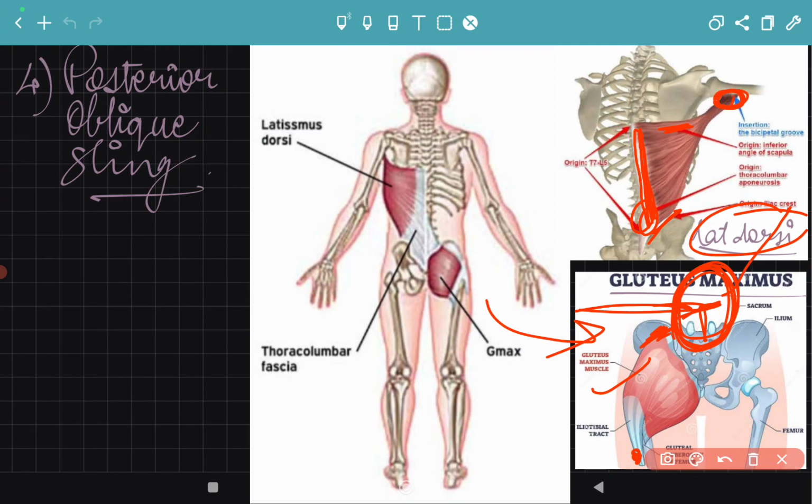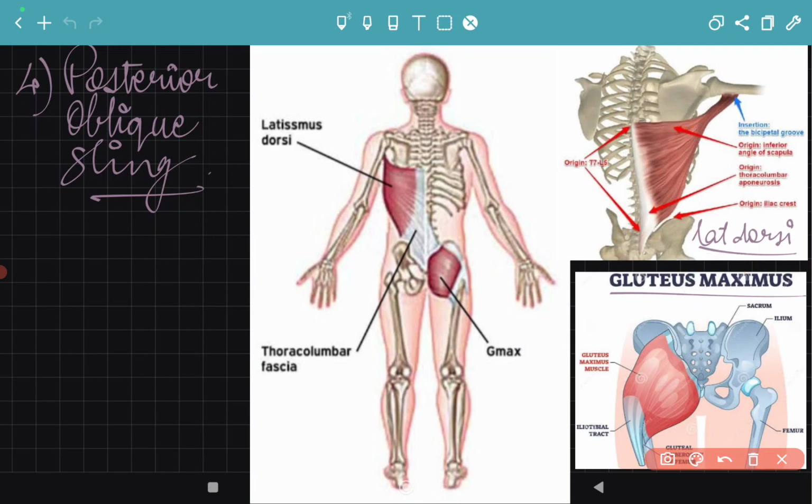So this way, from the opposite side G max or gluteus maximus, if we consider this side, then the contralateral to it, we will have to consider the latissimus dorsi. So this way, posterior oblique sling travels. And the gluteus maximus and lat dorsi, as discussed, will be connected via the thoracolumbar fascia in between.